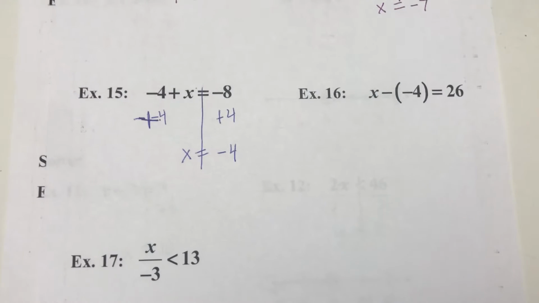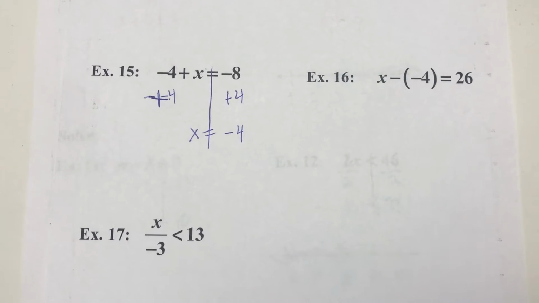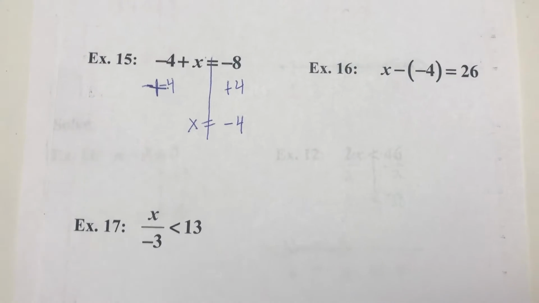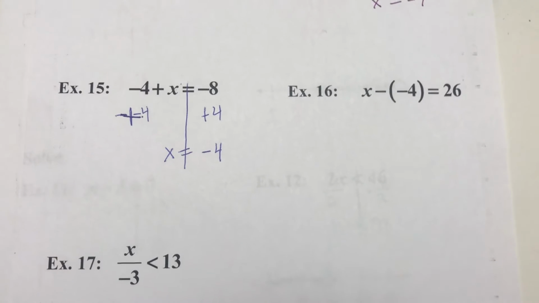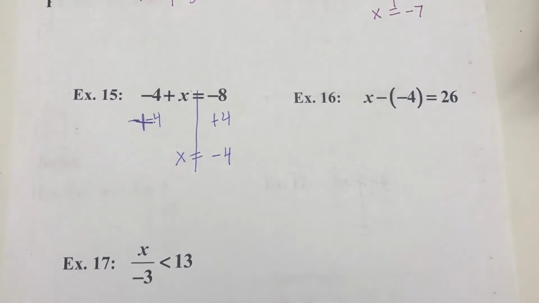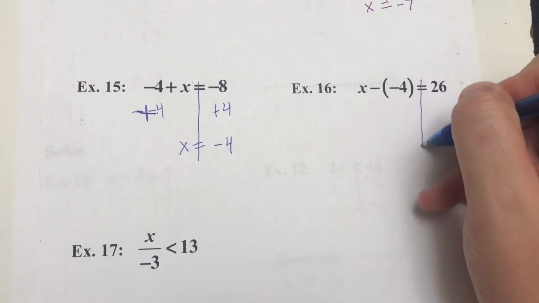Example 16. We have x subtract -4 equals 26. This is just similar to the problem before, where we realized that subtracting a negative is the same as adding a positive.